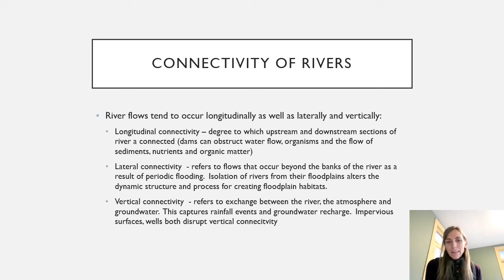So we talk about longitudinal connectivity within a river, and that's just the straight line degree to which upstream and downstream sections of a river are connected. We may think of dams as obstructing features within longitudinal connectivity of a river that restricts the flow of sediments, nutrients, organic matter, and of course can obstruct movement of organisms.